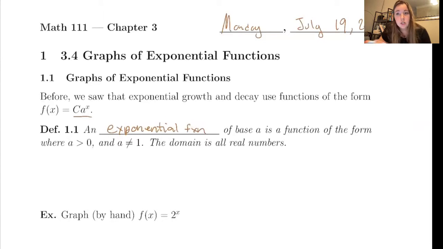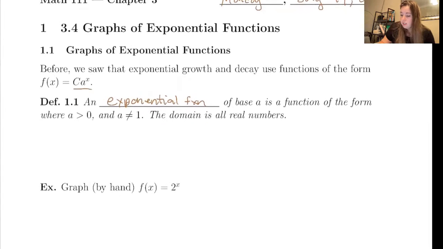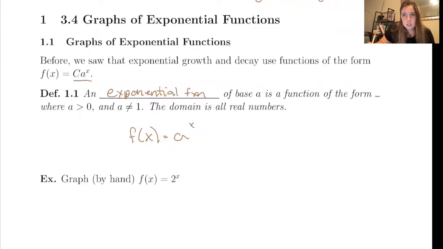If it equals 1, it's a constant function. It has different properties. The domain is all real numbers. It's of the form f of x equals a to the x. Okay, so basically the constant is at 1 right now, and then we're going to expand it.